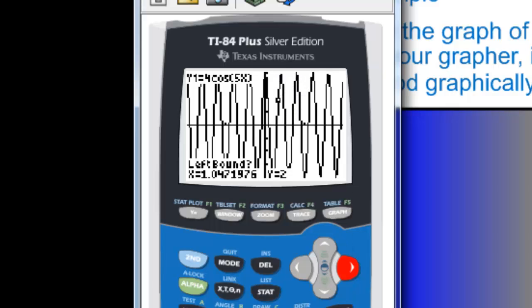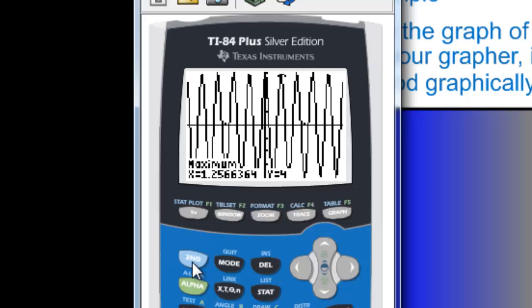So I'll set my left bound to the left of the first maximum, my right bound on the other side of that maximum, and guess. And I'm going to take that value where y equals 4 and x equals 1.2566.